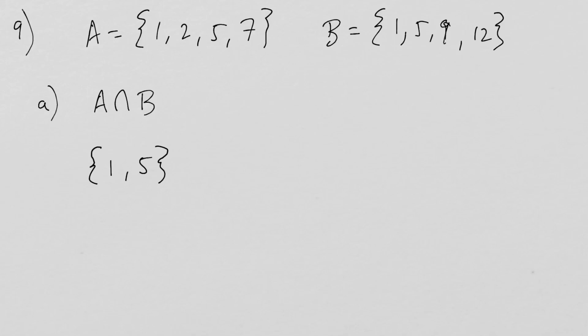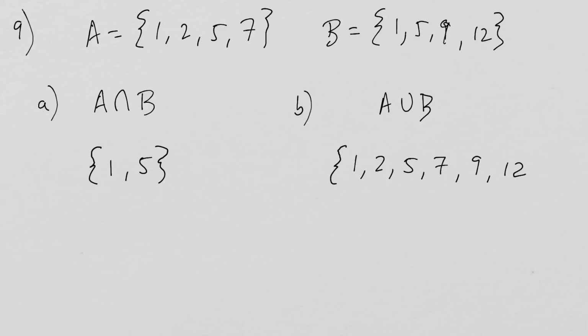That's it. So for part B, they want you to do the union of A and B. Items that show up in either of the sets. So they have a 1, a 2, a 5, a 7, a 9, and a 12.